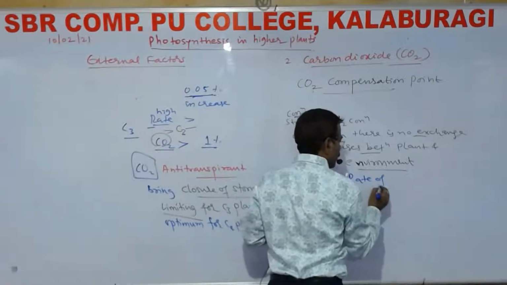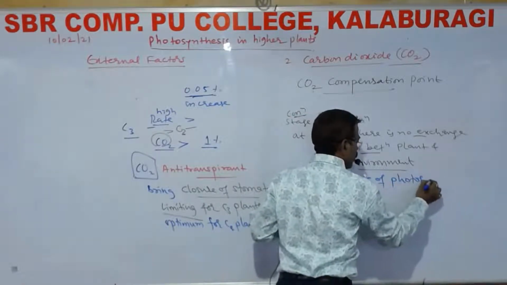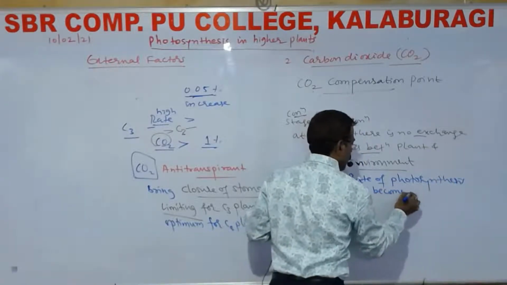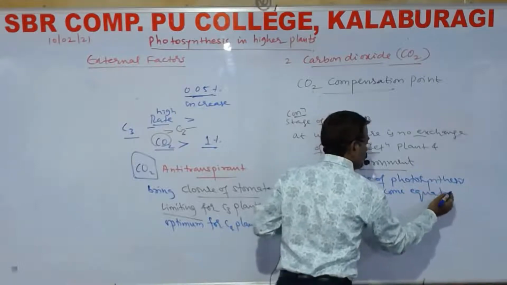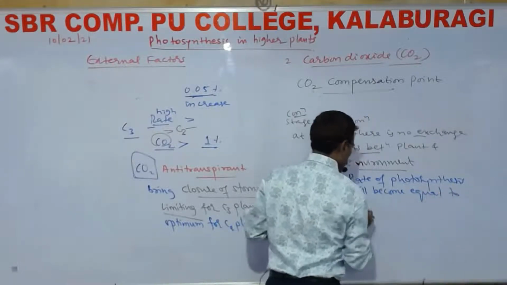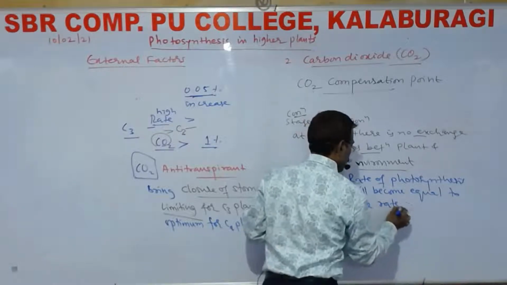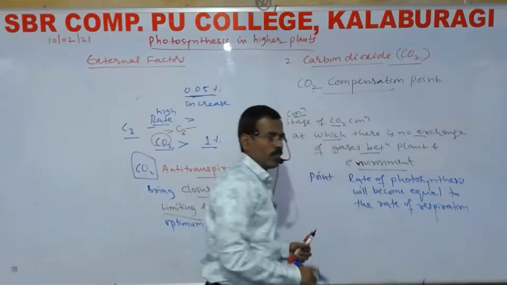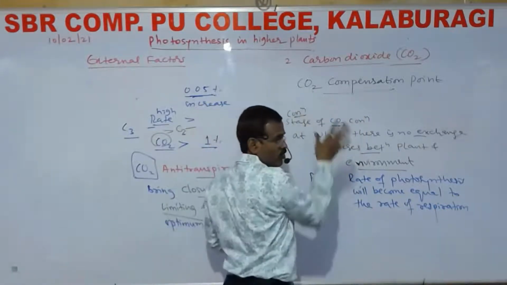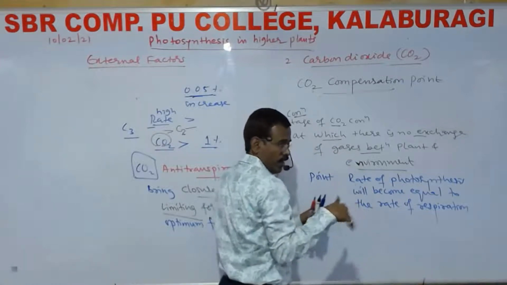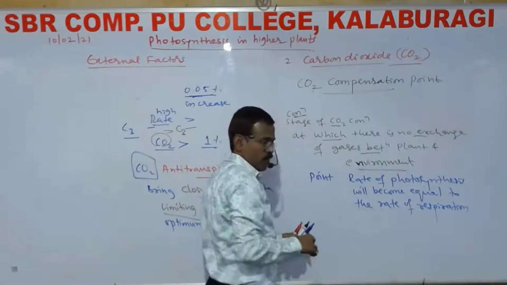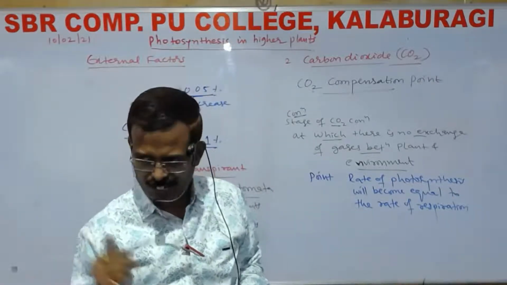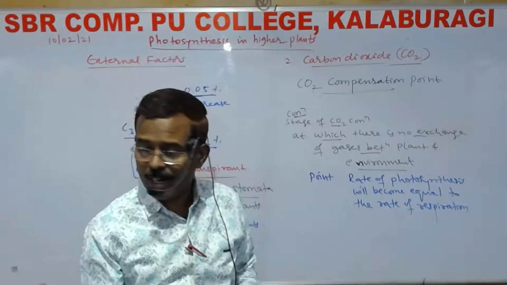the rate of photosynthesis will become equal to the rate of respiration. So at the carbon dioxide compensation point, the rate of photosynthesis is equal to the rate of respiration. In photosynthesis, oxygen is released, and oxygen is essential for respiration.